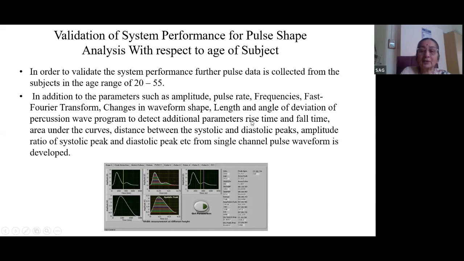We also measured rise time, fall time, area under the curve, distance between systolic and diastolic peaks, and amplitude ratio of systolic and diastolic peaks.